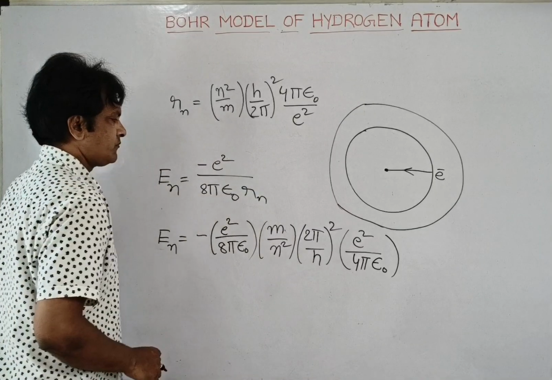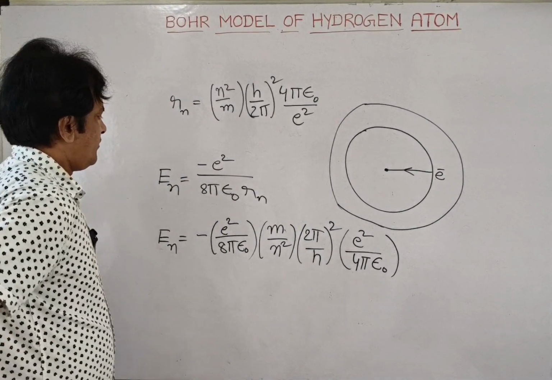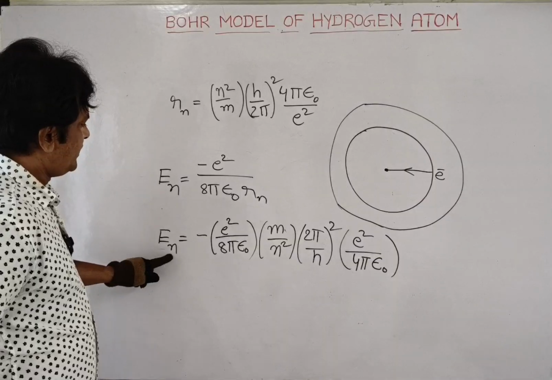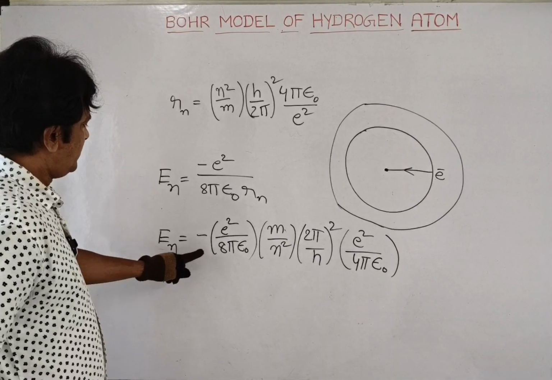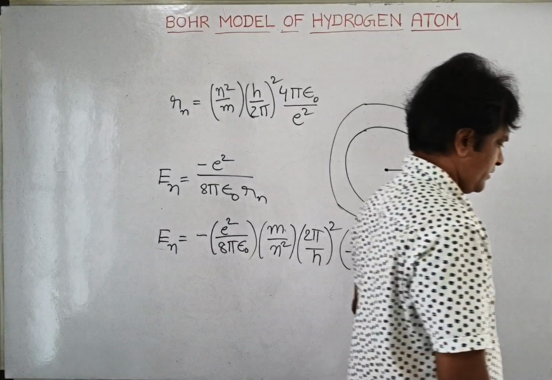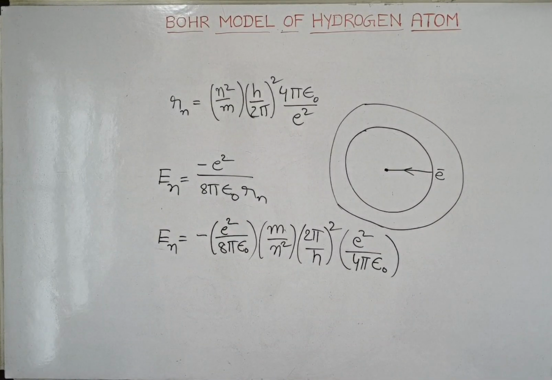Okay, so this is the value we got whenever we tried to calculate the energy level of the particular radiating, non-radiating orbit.